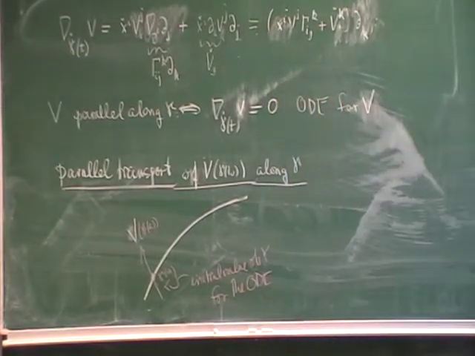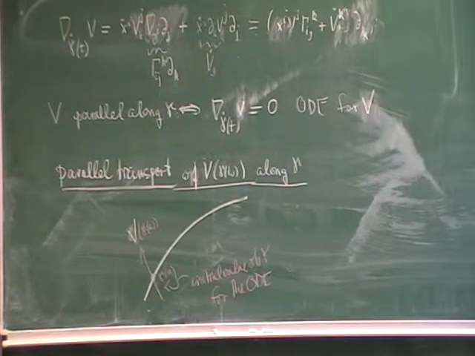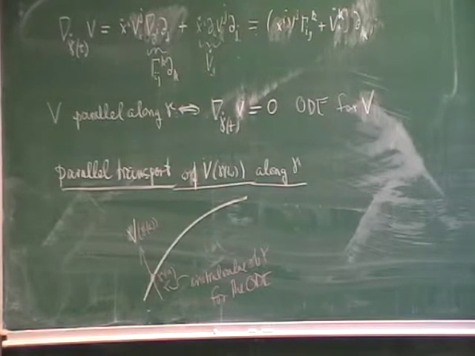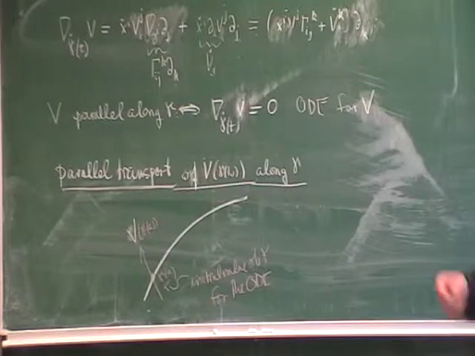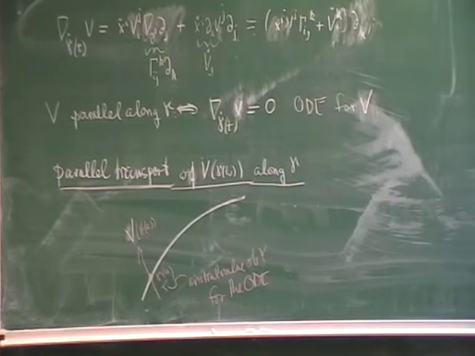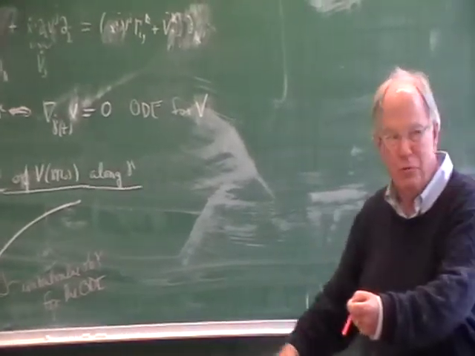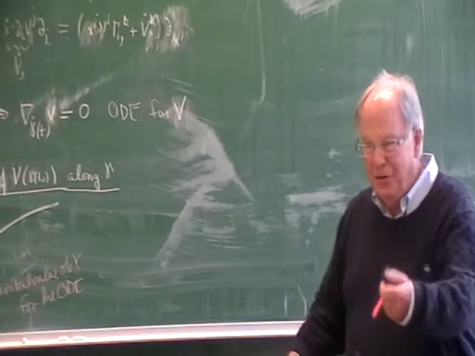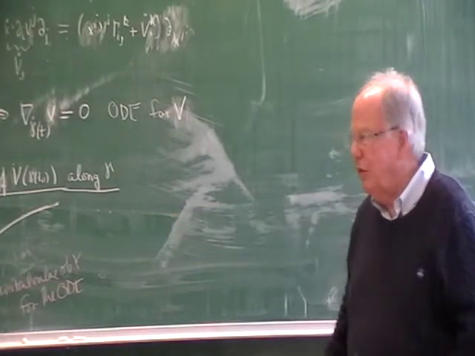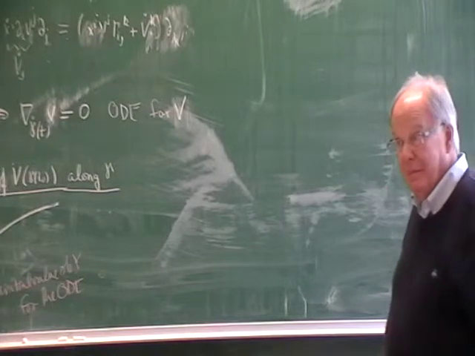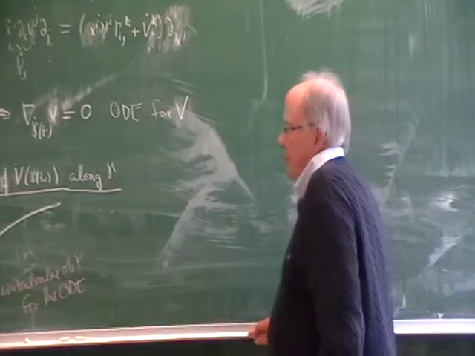And as I said, you could use parallel transport to differentiate. That's what you do in beginning analysis, right? You bring it back by parallel transport, you subtract off the value there, you divide by the time, and you get the derivative. That's exactly what parallel transport does for you.